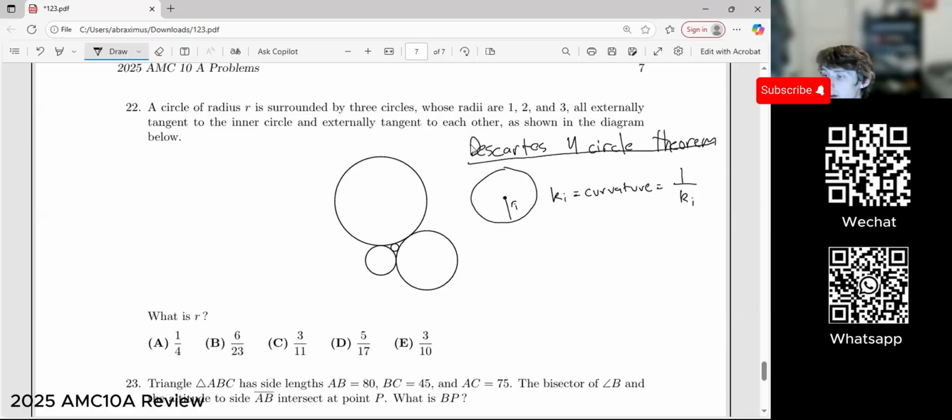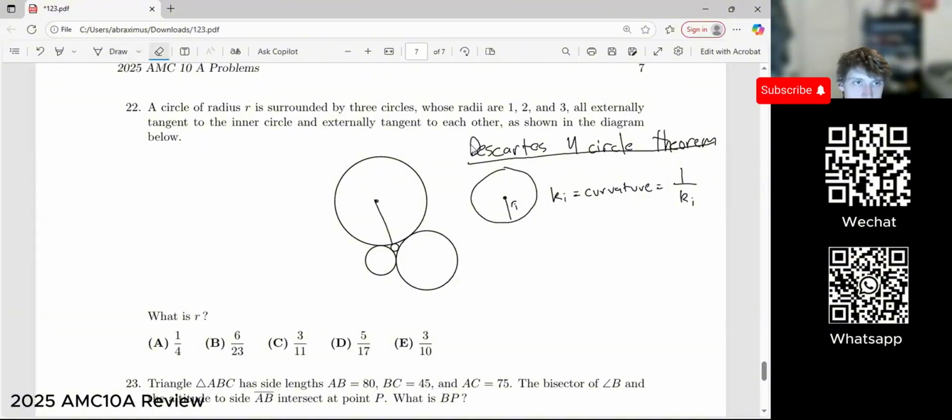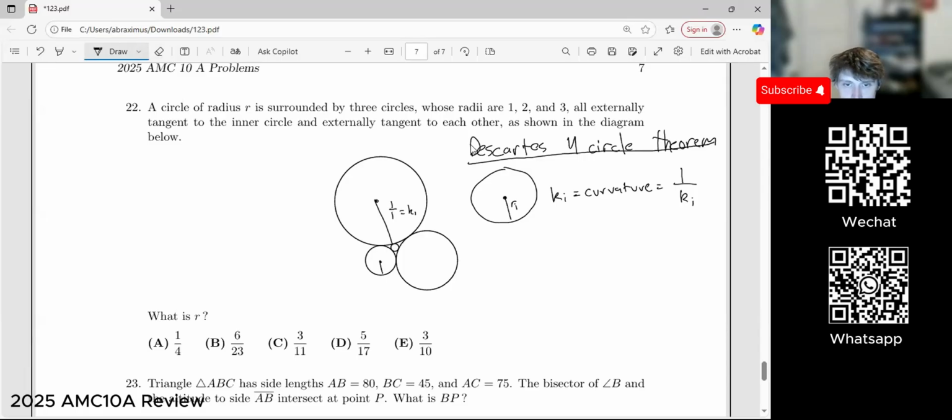I'm only going to talk about a specific case of it, but it doesn't really matter that much. So here the curvature is K1, so that's 1 over 1. The curvature here is K2, 1 over 2. And the K3 is 1 over 3.